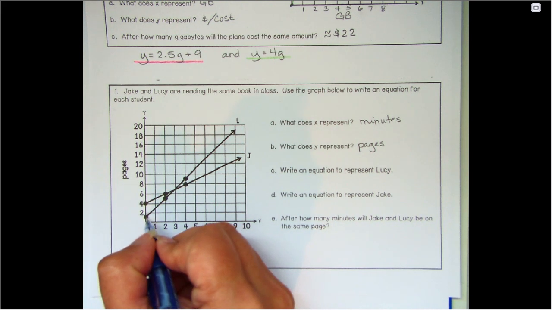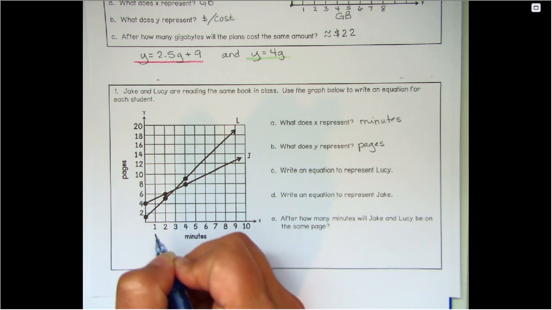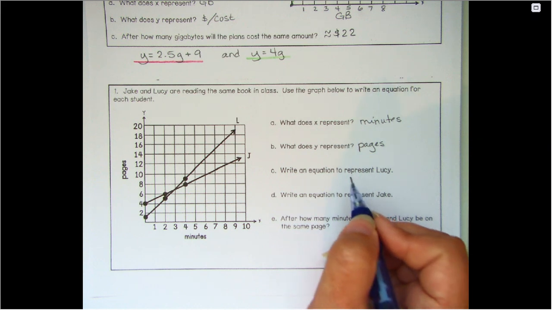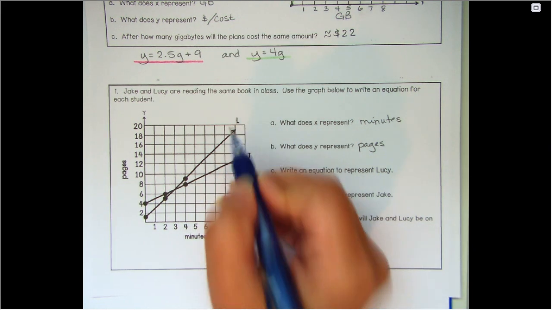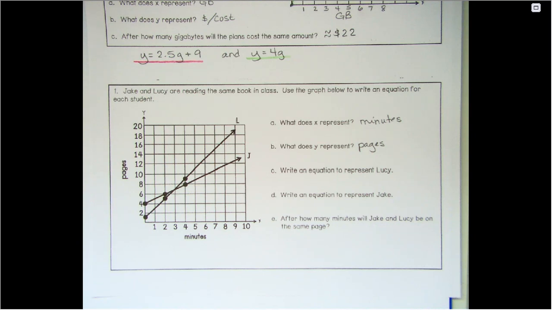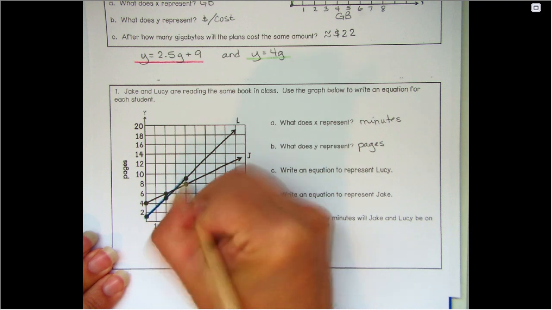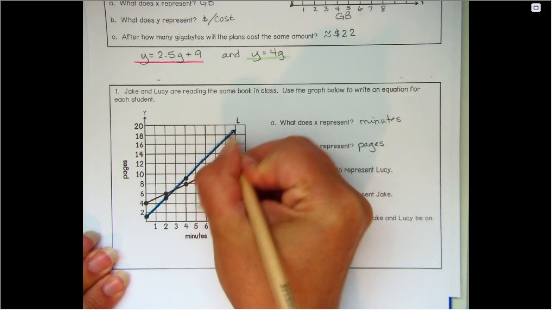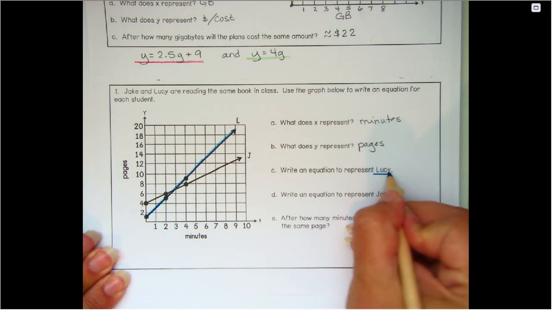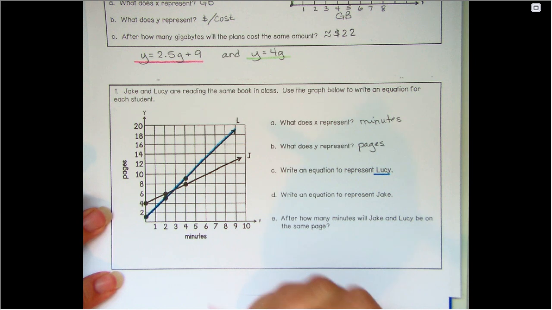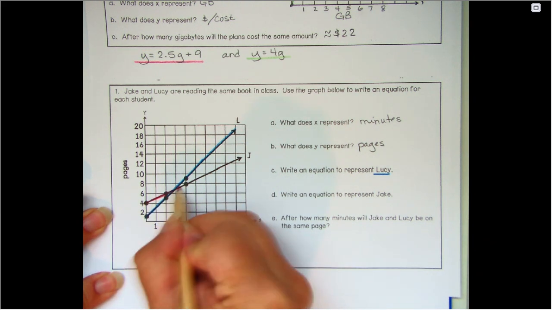I like that these are whole numbers. It's pretty well labeled. So let's talk about which one is Lucy. Lucy is marked right here. I'm going to make her blue, just to make it easier for us to see, and Jake is going to be red.